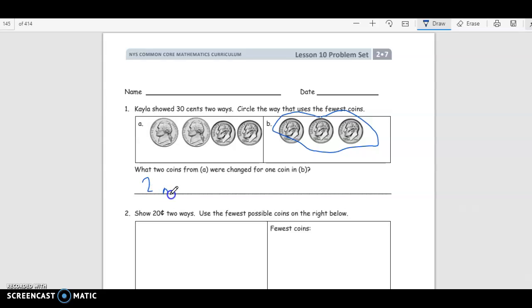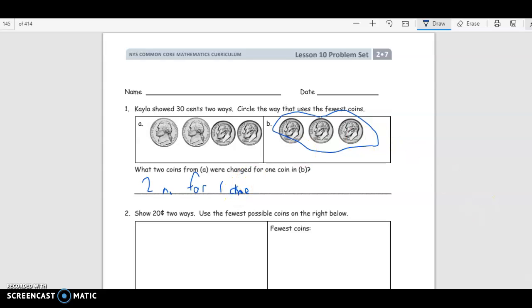I want you to please write out the whole word, but I'm just going to shorten it on my laptop. 2 nickels for 1 dime. Okay, because 2 nickels is 10 cents and 1 dime is 10 cents, even though you can't read my writing.